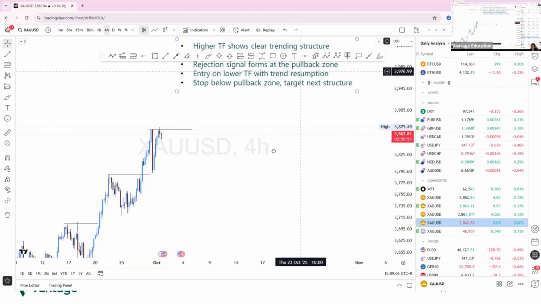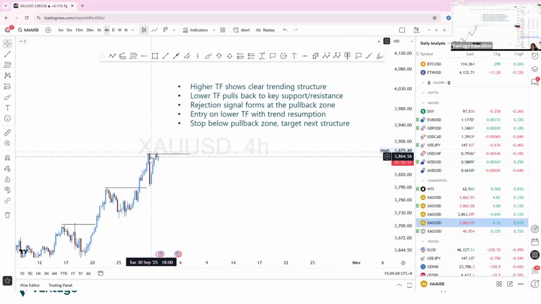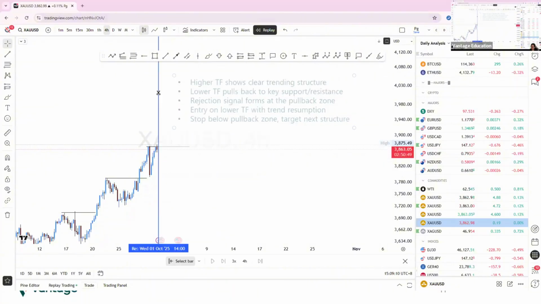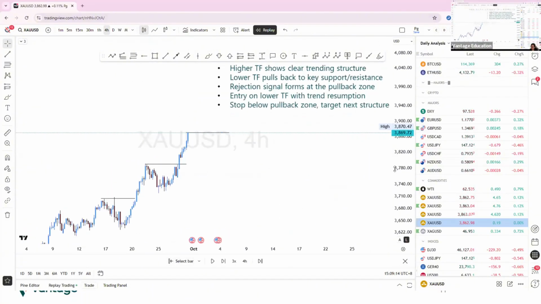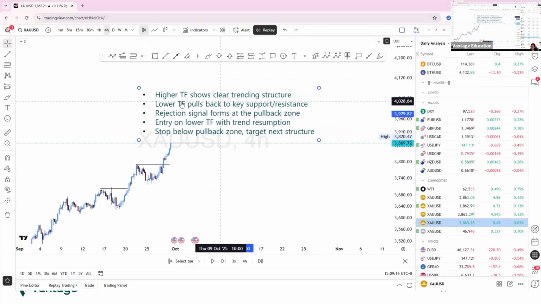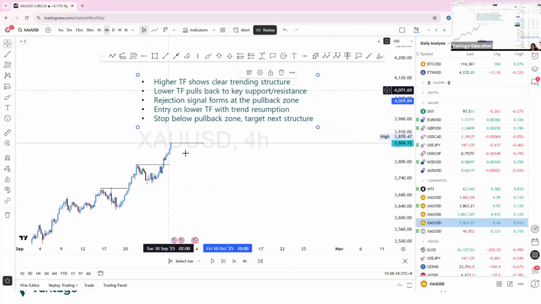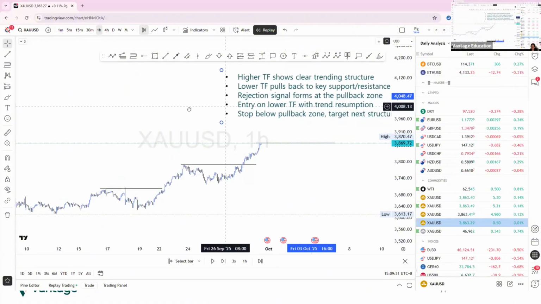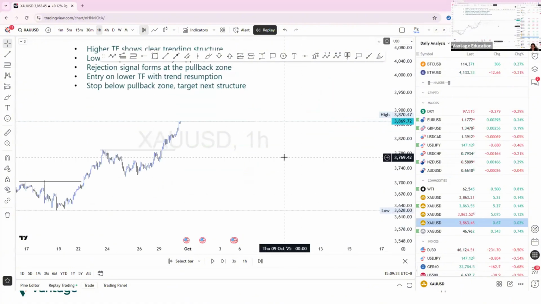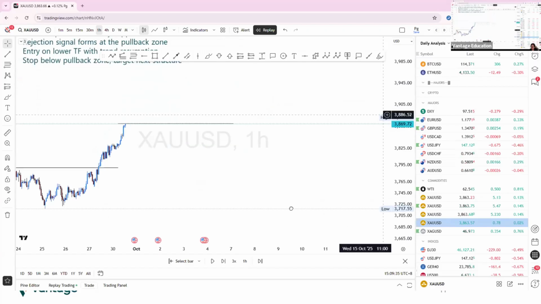After that, let's say here, yesterday price was falling. On the higher time frame, we know price is bullish, so you wait for the lower time frame pullback at the key support and resistance level. This is our support level, the pullback, so you need to wait for the pullback. If you go to H1 or M30, this is going to be your setup.